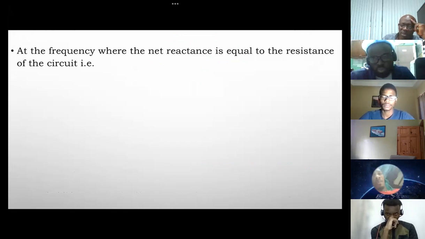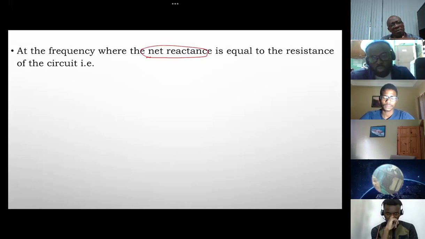However, at the frequency where the net reactance, and the net reactance is simply XL minus XC, we are looking here at the modulus because, as I said, it's occurring below FR and above FR. Below FR, XL minus XC is negative. Above FR, XL minus XC will be positive. And we did establish, was it last week? No, 2 weeks ago, that we always maintain the XL minus XC. All right, we have established that.